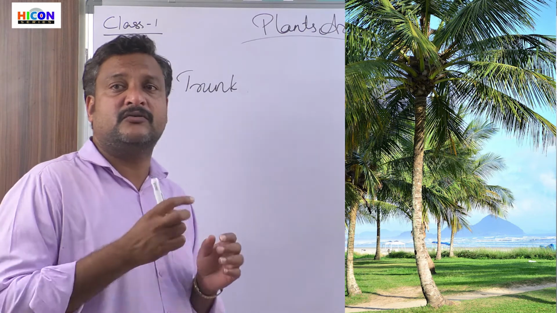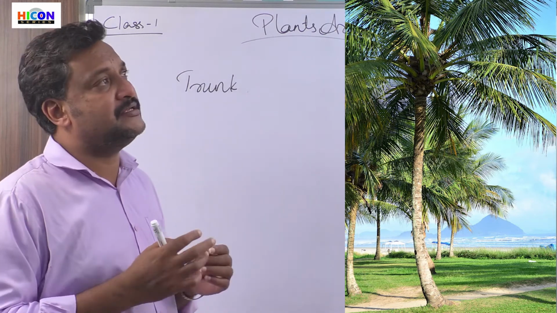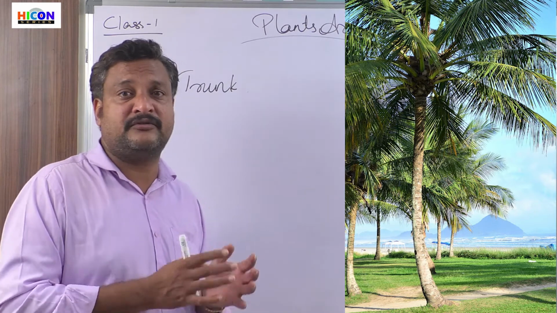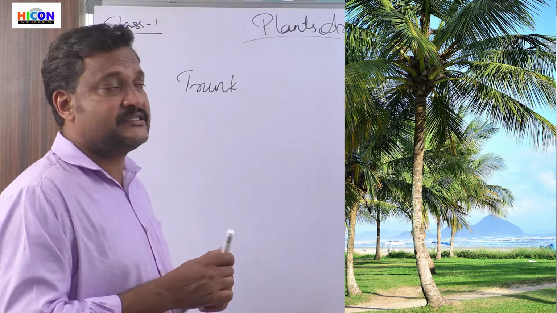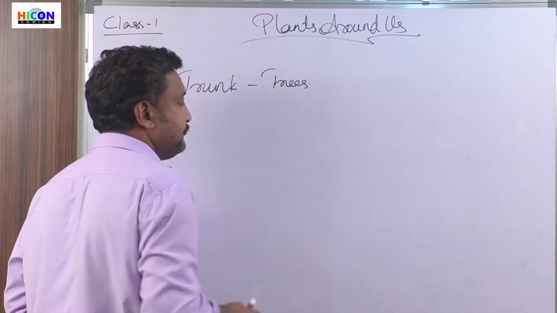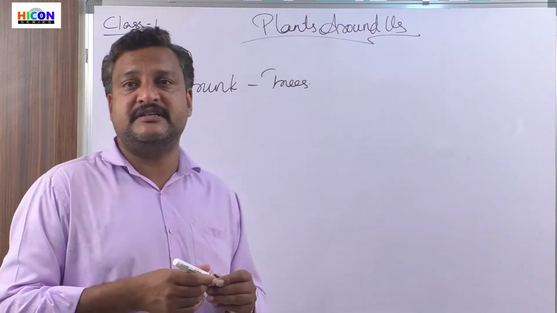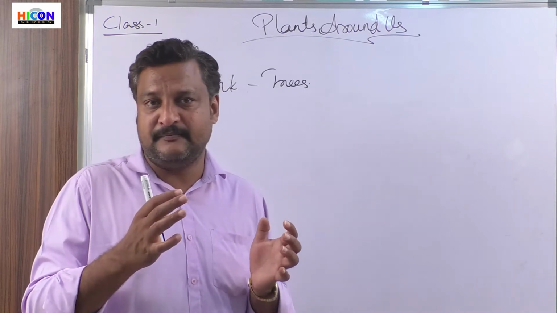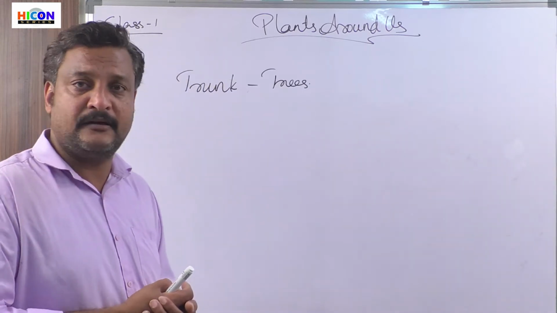The thick wooden stem of some plants is called a trunk, and the plants which have such a thick wooden trunk are called trees. Trees are very huge. They have a very thick stem, which is known as a trunk.